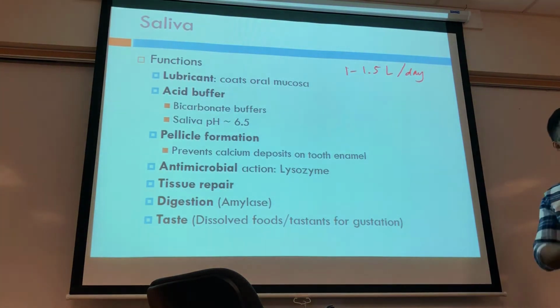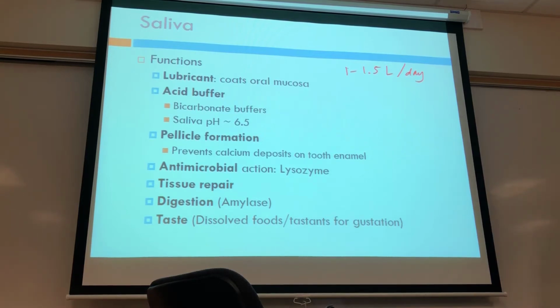And eventually those gustatory receptors will be able to pick up those flavors and send that over to the central nervous system. As I mentioned earlier, it's also an acid buffer. It does contain bicarbonate, so if you ever do end up eating anything sour, that bicarbonate comes in and buffers that acid.